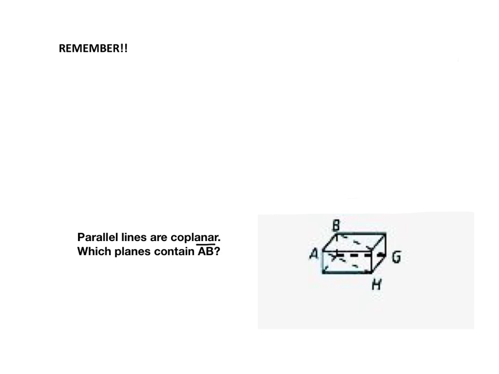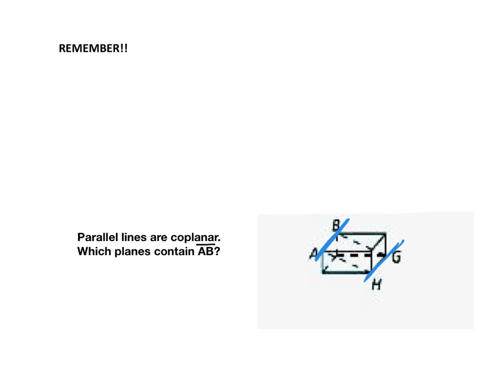Remember, parallel lines are coplanar, so which planes contain AB? Just really want to stress this factor. You can see in this diagram, AB and GH, there is a possible plane cutting through the diagonal of this 3-dimensional figure that we're using to represent a bunch of planes together. So parallel lines are coplanar, which means which planes contain AB?